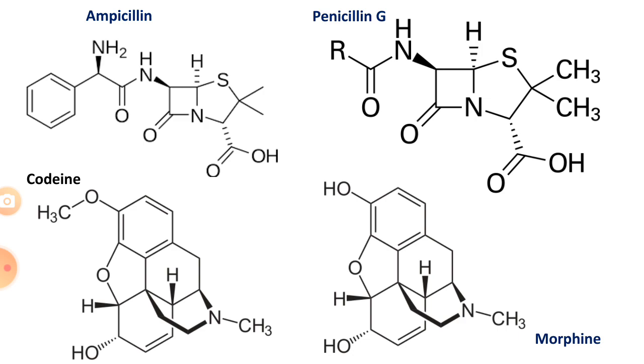Codeine and morphine have structural similarity and some similar pharmacological effects, so they are also classified according to their chemical structure, and these two are opiates. Then steroids and catecholamines are some of the other classes also based on chemical structure.